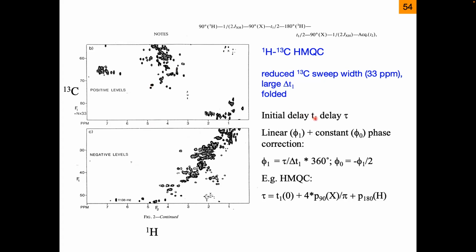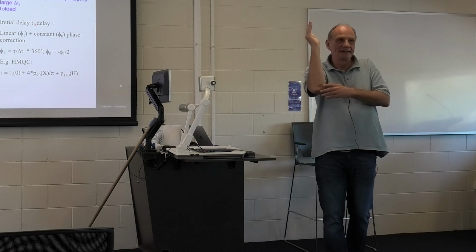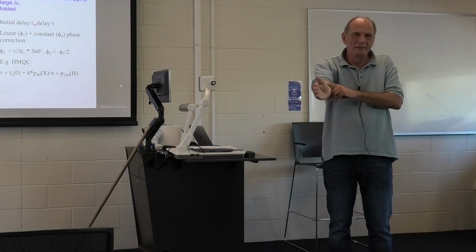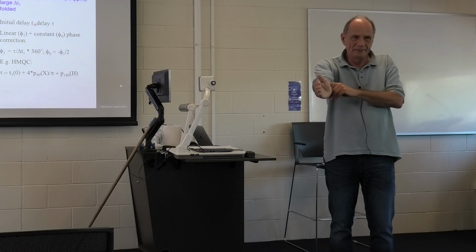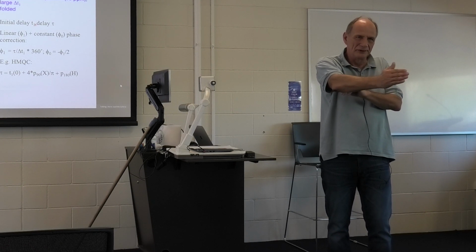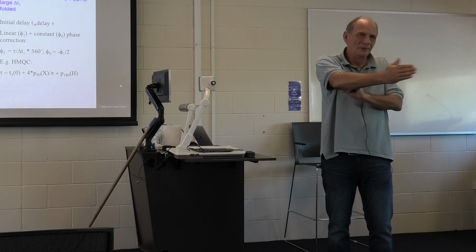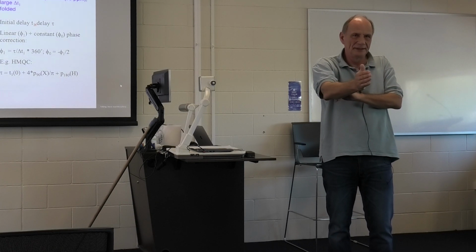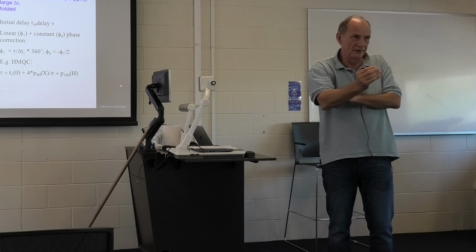So the initial T1 delay determines the linear phase correction, because let's say you start at time 0 at your carrier, nothing will happen. But when you're off the carrier for a certain time, then you get a phase angle. And depending on how much you're off, you have more of a phase angle or less. And this you correct by a linear phase correction.